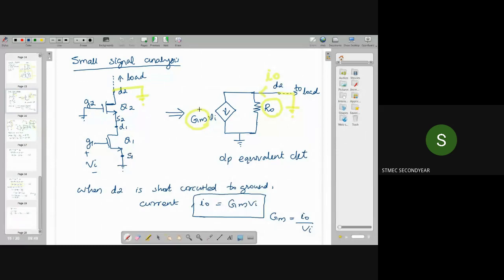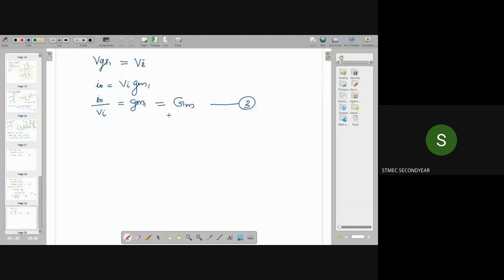This capital Gm means the transconductance of this entire cascode configuration. So by analysis, we found that this capital Gm is equivalent to our small letter gm1. So this is my third equation.